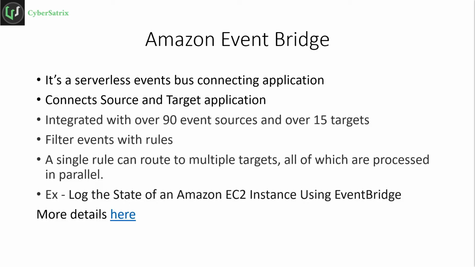So Amazon EventBridge, as the name suggests, will try to connect a source and a target so that it will be easy for the administrator to send a specific source to different targets as per the requirement of the organization, right?